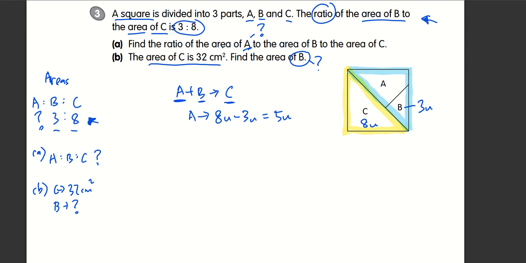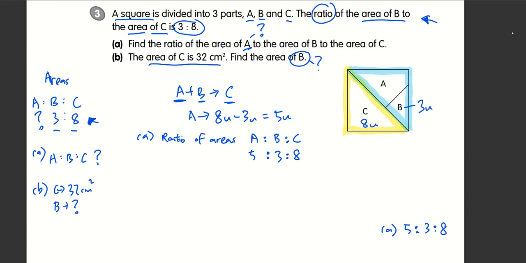Okay, so proportionally it is based on the units, because A and B together make up half of the square, which is the same as C. So I can find A already. So the ratio of areas A is to B is to C will be A is 5, B is 3, and C is 8. So I can have the answer for A as 5 is to 3 is to 8.